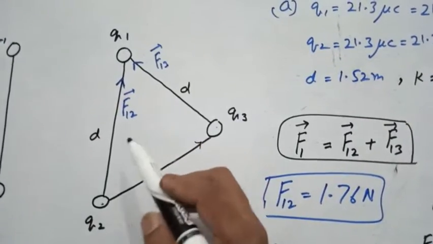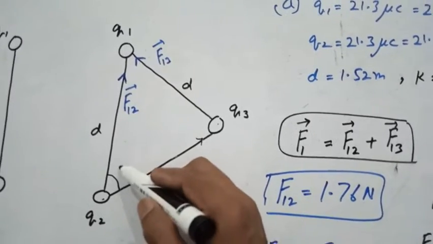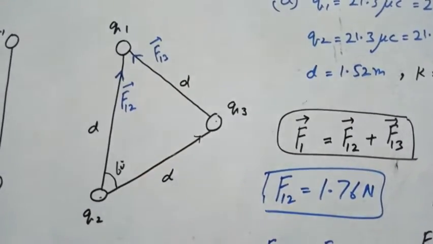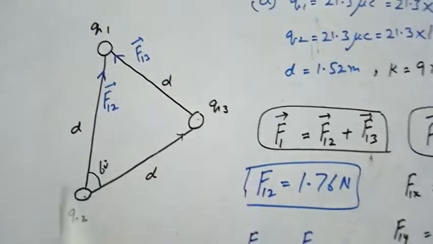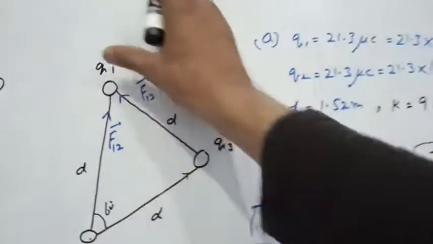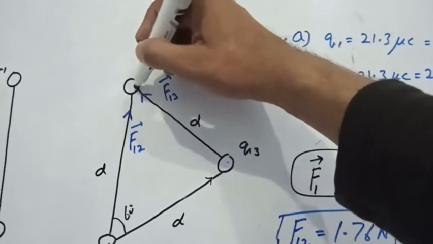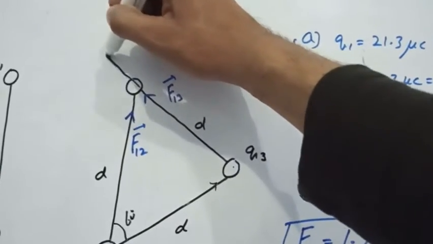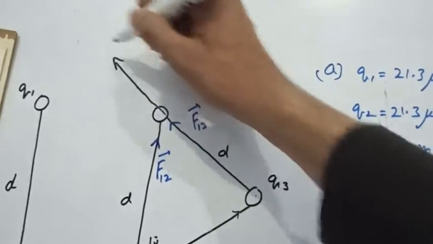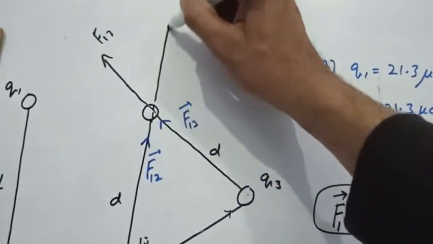And we know that in an equilateral triangle, the angle between adjacent sides is 60 degrees. If I extend this vector F13, this is F13 and this is F12.